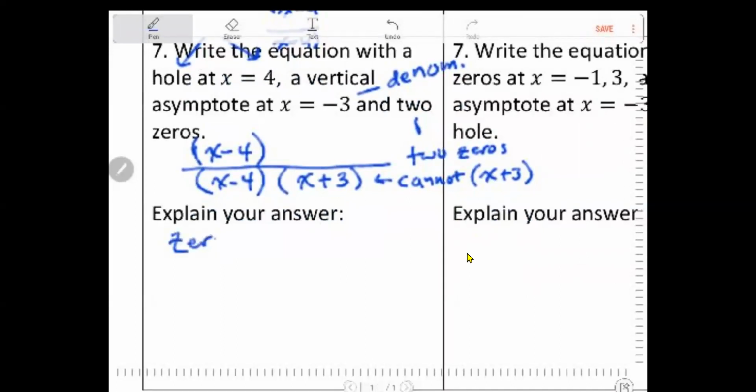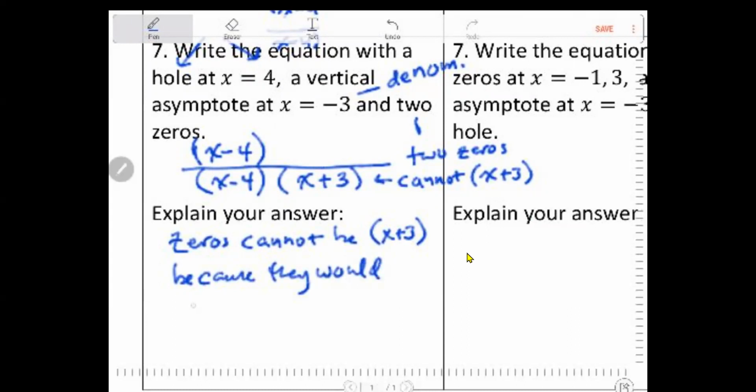Because the zeros cannot be x plus 3, because they would cancel out the vertical asymptote.